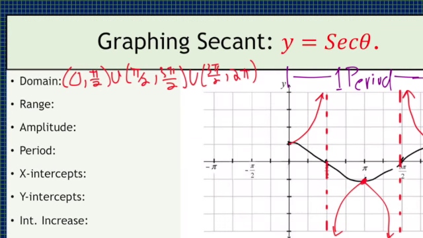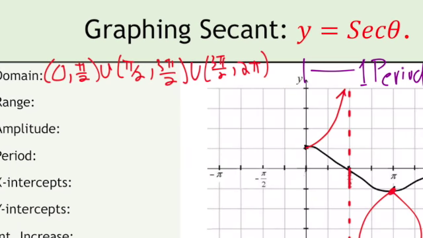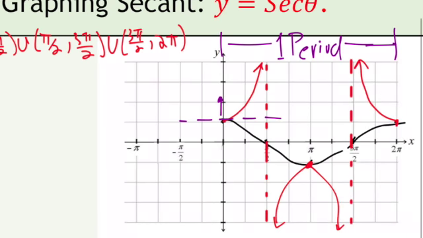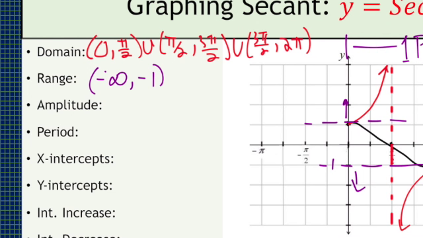For the range, it's going to be just like it was for the cosecant. Notice how everything is above 1 or below -1. So our range is from -infinity to -1, coming from -infinity down here all the way to -1, and then union, from 1 all the way to positive infinity.